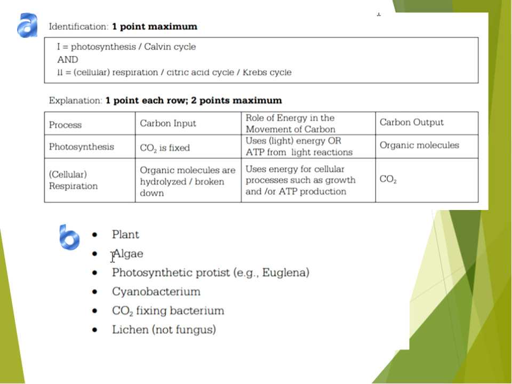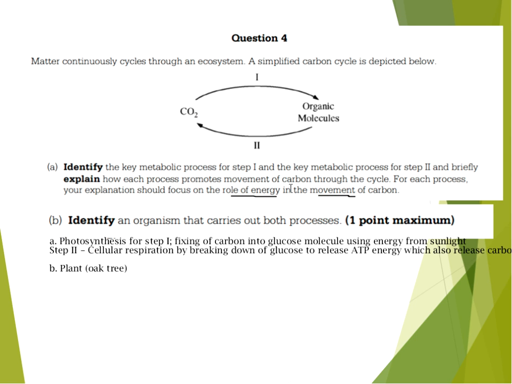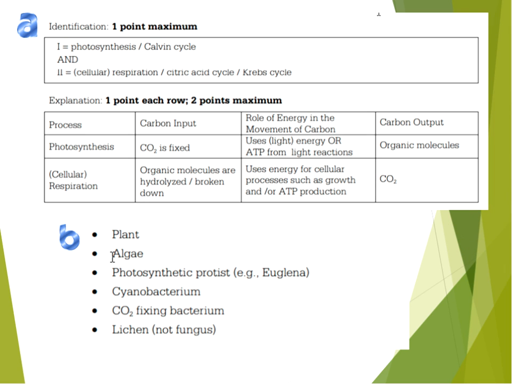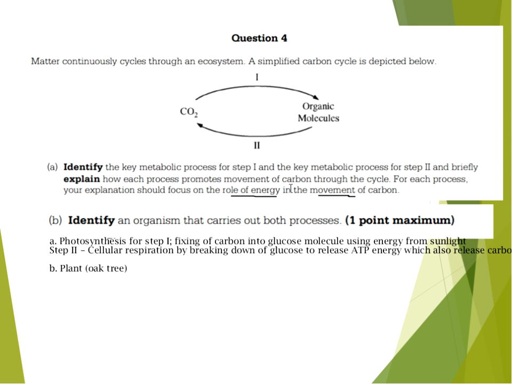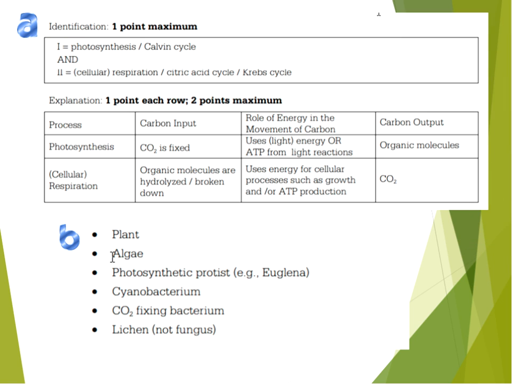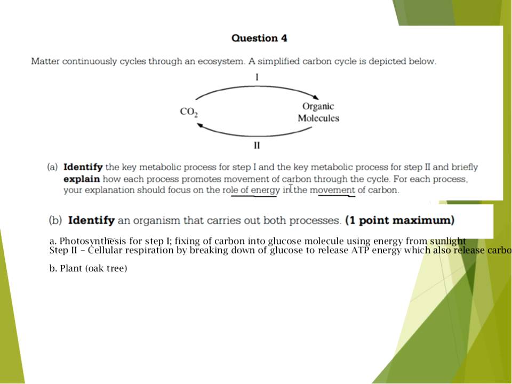In cellular respiration, we would need to say that the organic molecule is hydrolyzed or broken down. So we say breaking down of glucose, so we got that part. And then uses energy for cellular processes such as growth or ATP production. So we could have put ATP production as where the energy goes. And we said to release ATP energy, so that's good. And the carbon output is the carbon dioxide.